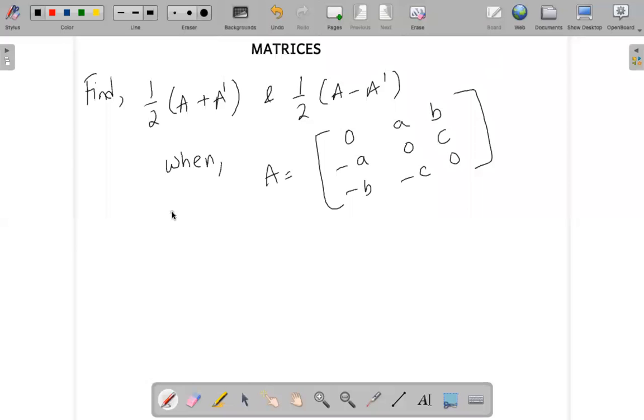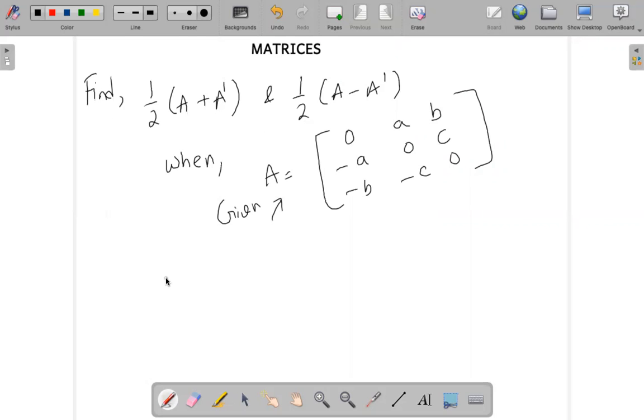Okay. So we have been given this. Let us find when A is the choice. Given that A is as this, so A is given like this.